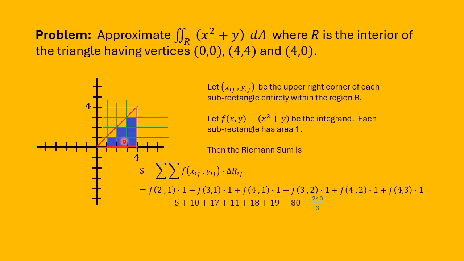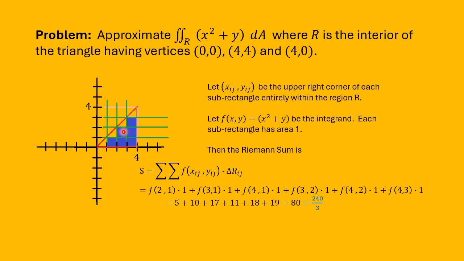So if we go through each of these squares and set up this Riemann sum, we'll have f of 2, 1, which is the point right here, times the area of that square, 1, plus f of 3, 1, which is this point right here, times the area of this square, which is 1, plus f of 4, 1, which is the point that we see right here, times the area of this rectangle.